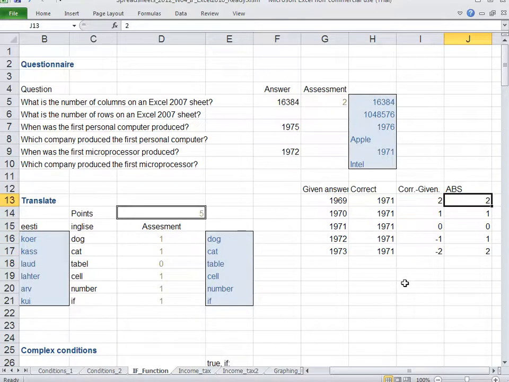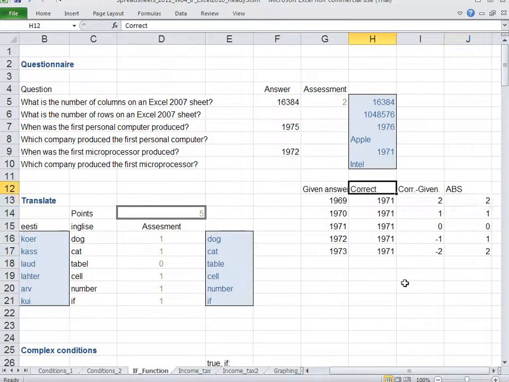And now that we've taken the difference between the correct and the given, and we've taken the absolute value of this, and we have seen the answer, we can actually check if the difference between the correct and the given is 2 to either side, then it's going to be okay.